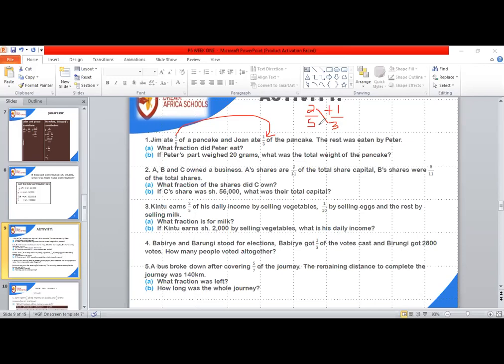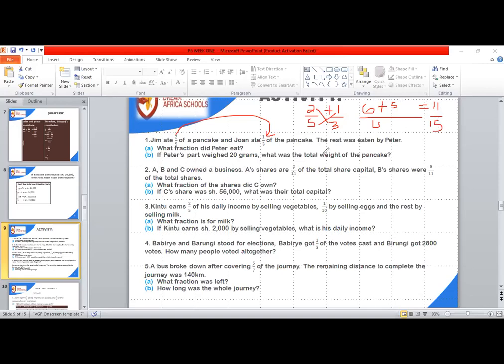Cross multiply, then get the product of the denominators. When you cross multiply, you'll have 2 times 3, which is 6, plus 5 times 1, which is 5. Divide this by 5 times 3, which is 15, and you get the answer, which will be 11 out of 15.